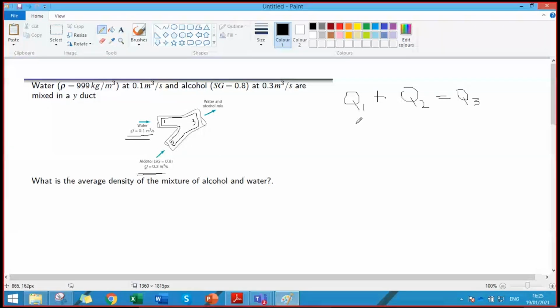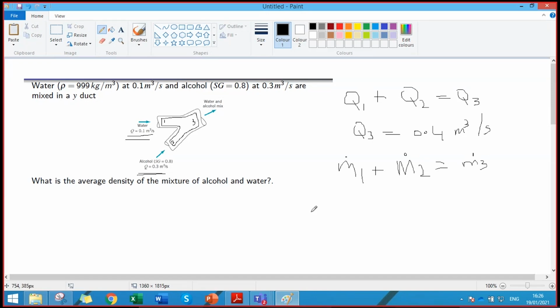And if this flow is incompressible, also the mass flow rate should be equal. So m dot 1 plus m dot 2 should be equal to m dot 3, right?